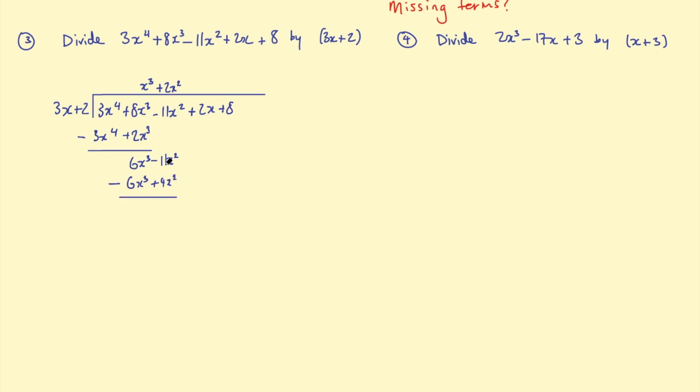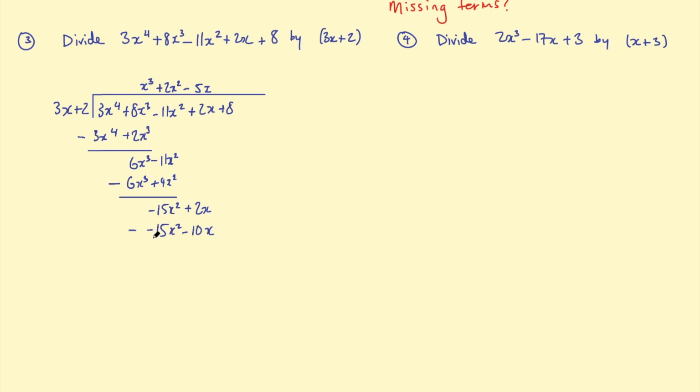And then negative 11x squared take 4x squared is negative 15x squared. Carry down the plus 2x. Negative 15x squared divided by 3x is negative 5x. Multiply that term by the divisor: negative 15x squared, and then take 10x.